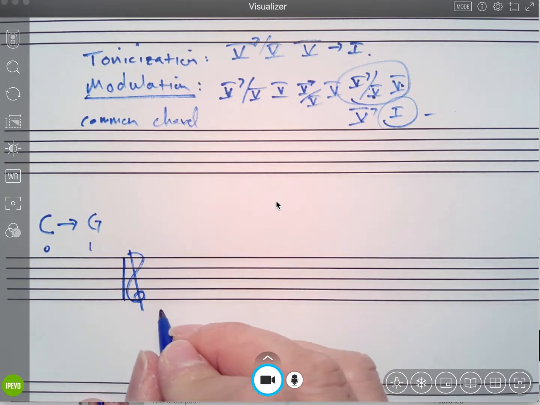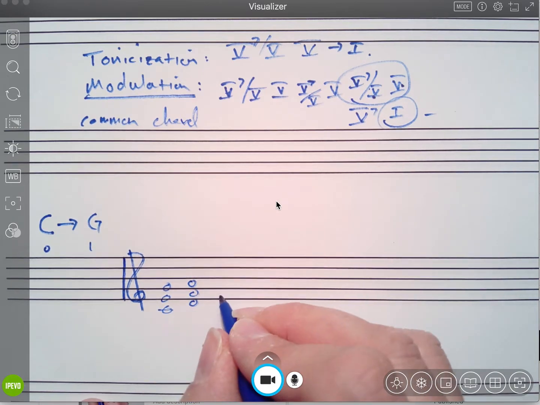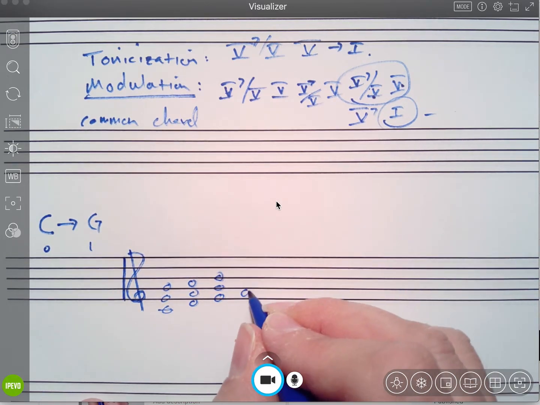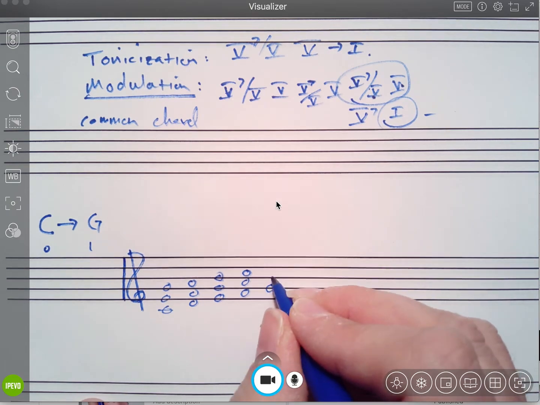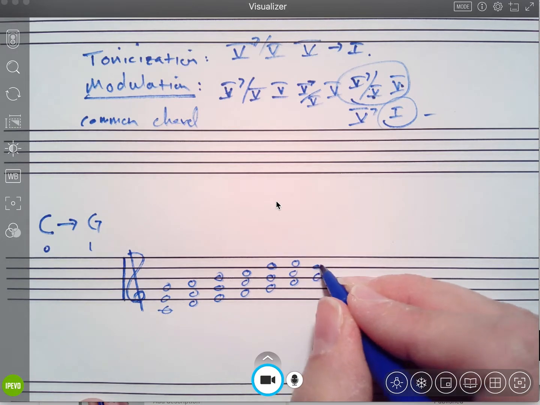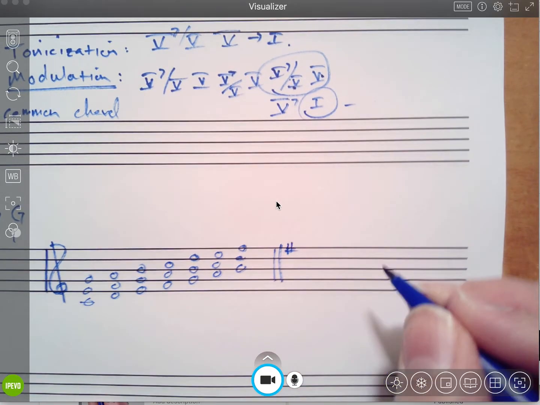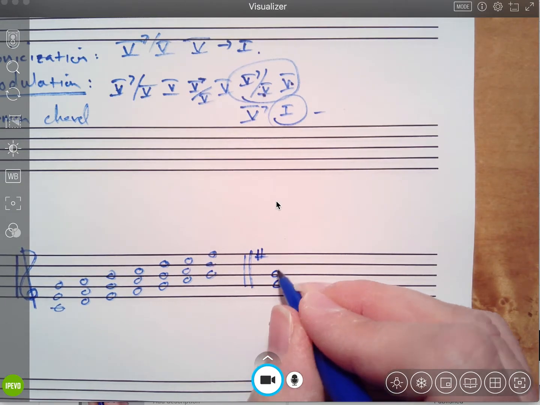In C major, these are the chords that we have. And in G major, we have these chords.